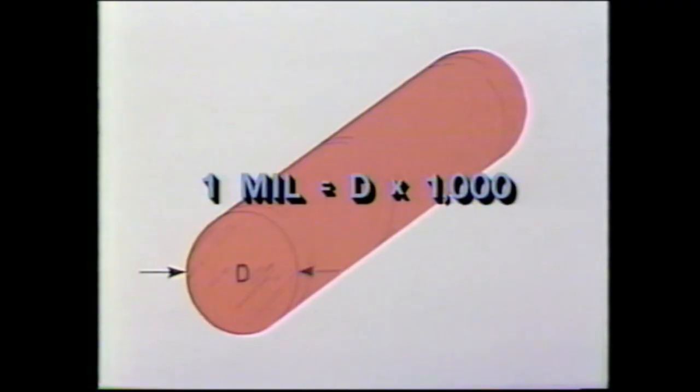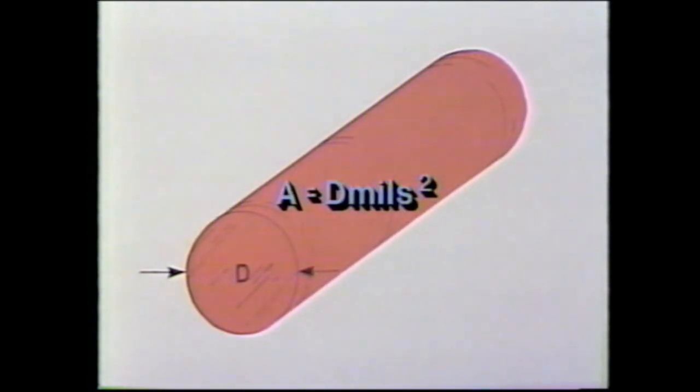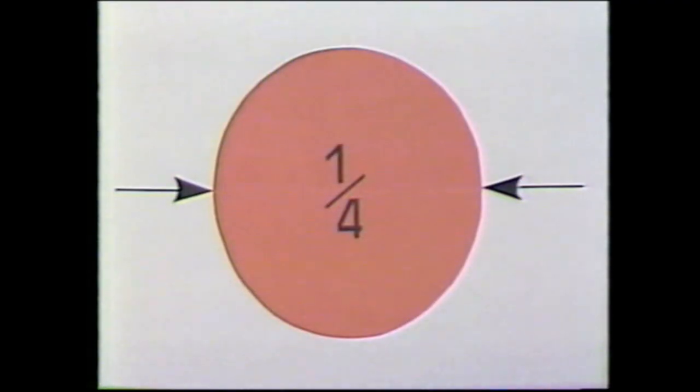The formula for finding the area of a circle in circular mils is simply the area equals the square of the diameter in mils. Let's find the cross-sectional area of a wire 1/4 inch in diameter. We first convert the fraction 1/4 to the decimal 0.25. Multiplying 0.25 by 1,000, the diameter becomes 250 mils.